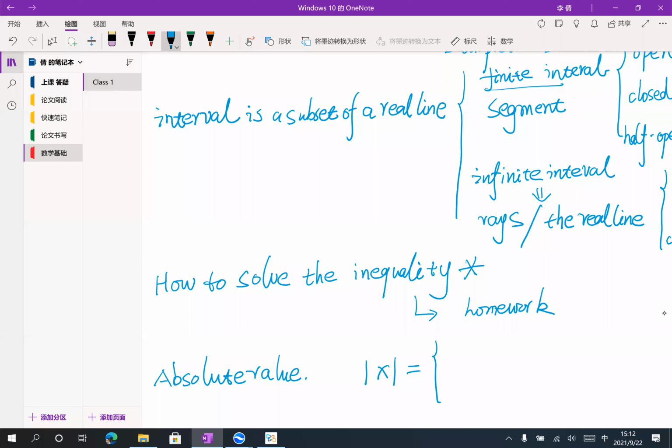It is x if x is larger than or equal to 0, and if x is smaller than 0, the absolute value of x is equal to minus x.